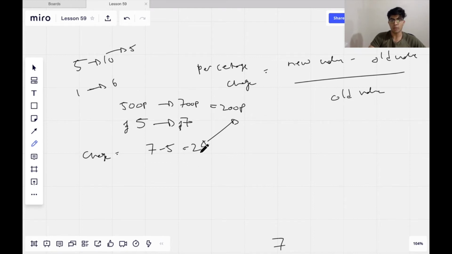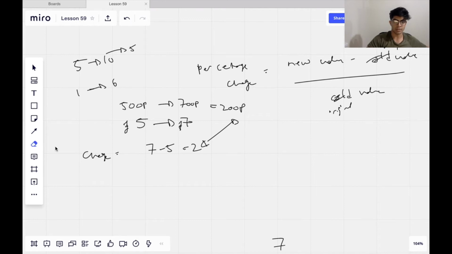And if you want to compare this to the original value, you have 2, so you divide by the original value, you have 2 over 5. Or maybe we should say not old value, say original. That's maybe a nicer way of saying it than old. So we do 2 divided by 5 now. If we want the percentage change, I'll actually rewrite this, let's preserve the initial thing we had.